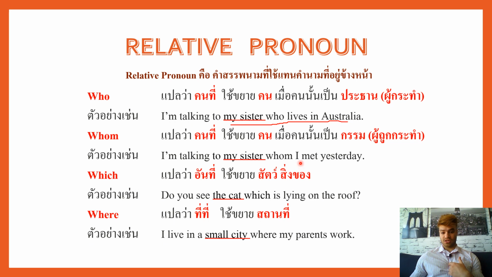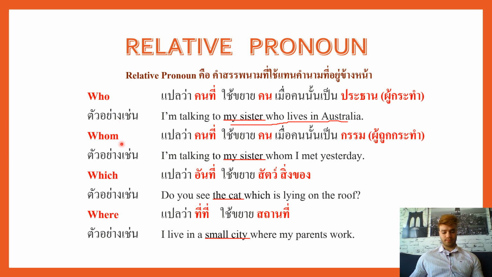I am the subject, right? I met my sister. So in this case we use whom, not who, because whom refers to my sister, the object. But in the first sentence, my sister, the one who lives in Australia, was the subject, so we use who. So don't be confused.